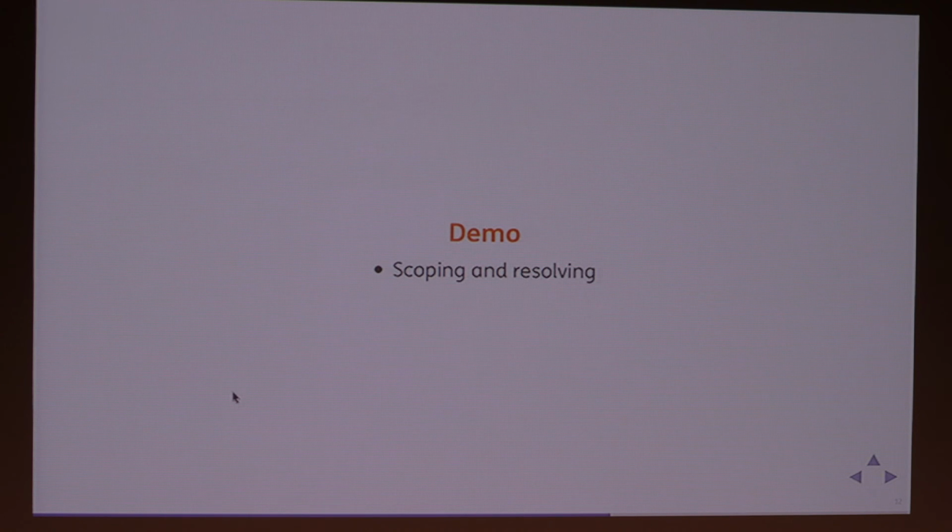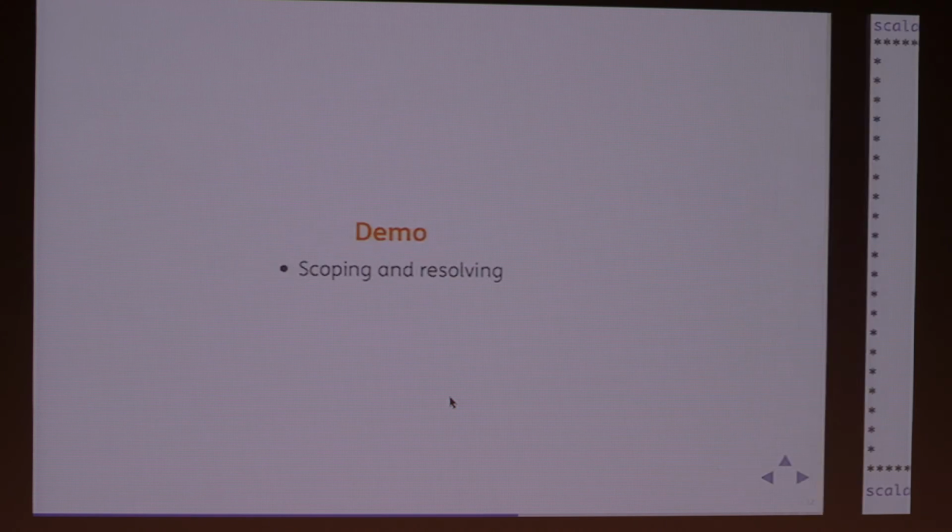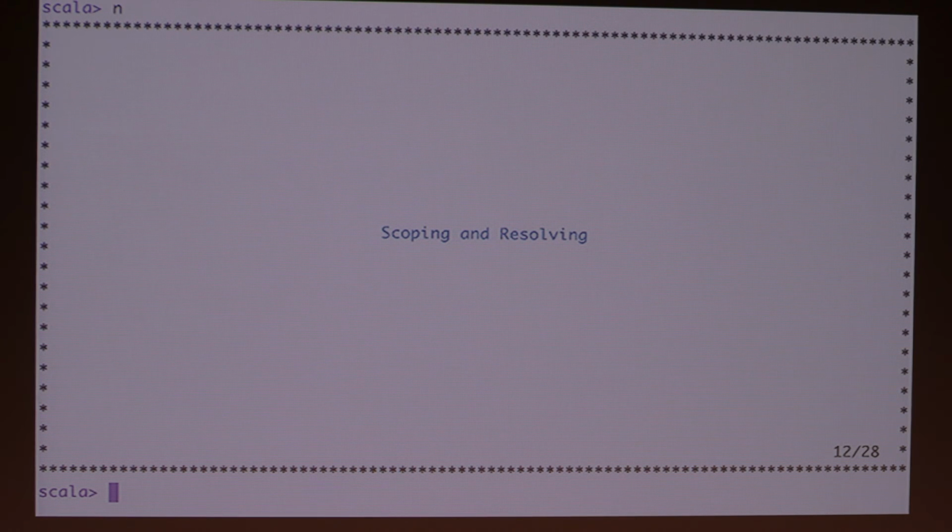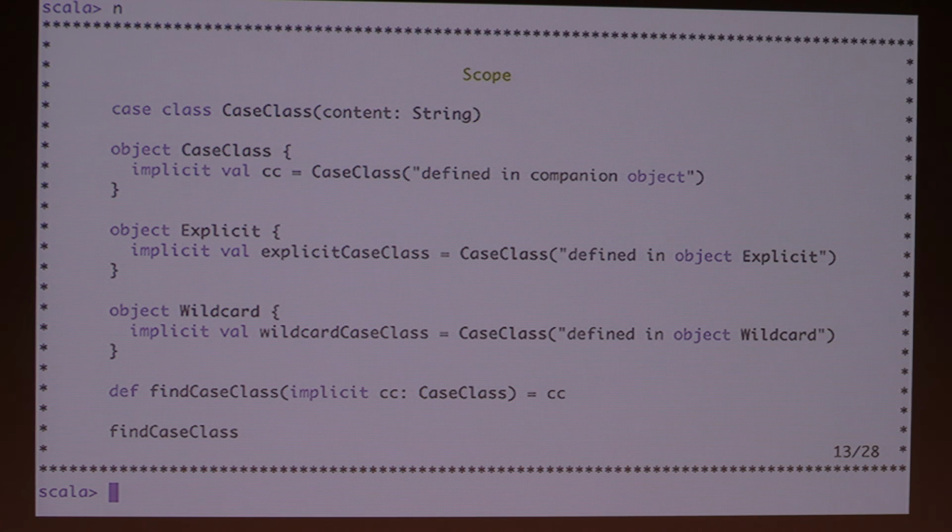So let's take a look at some scoping. Let's go through this slide first. For this example, I created a case class here, which has a simple content of type string. We create a companion object for the case class, which contains an implicit val of type case class.